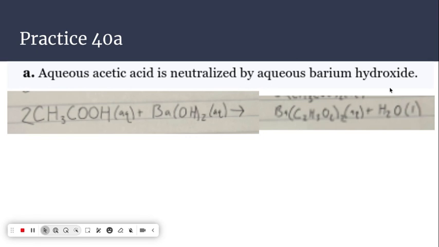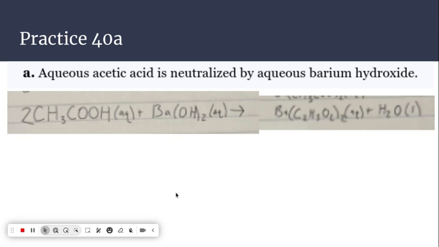And those are going to form the water. And then here you're just going to have barium acetate, because barium has a positive charge and then acetate has a negative charge, so those form your salt.